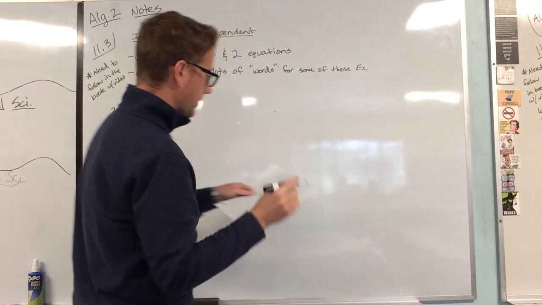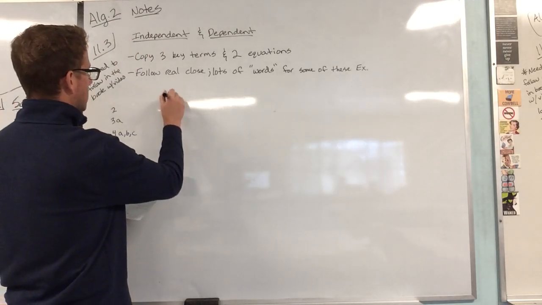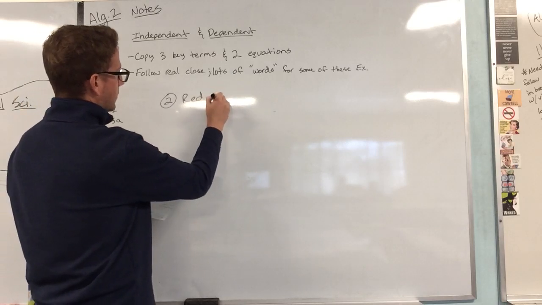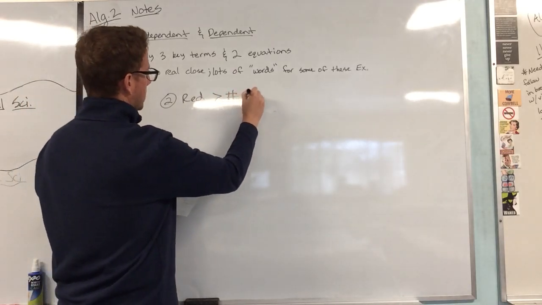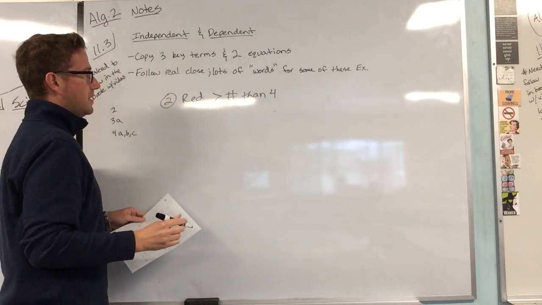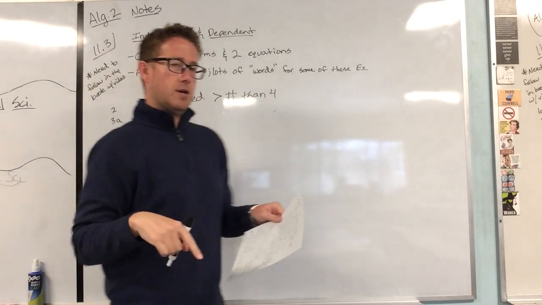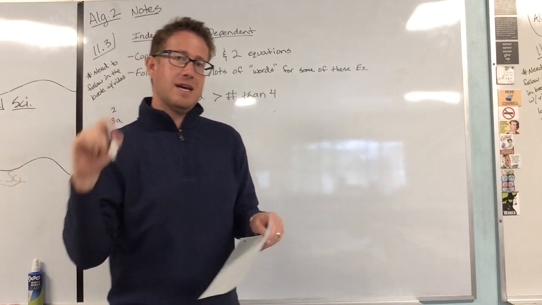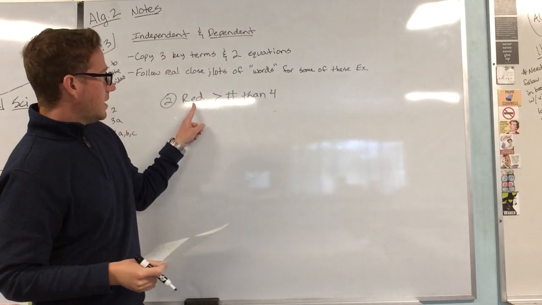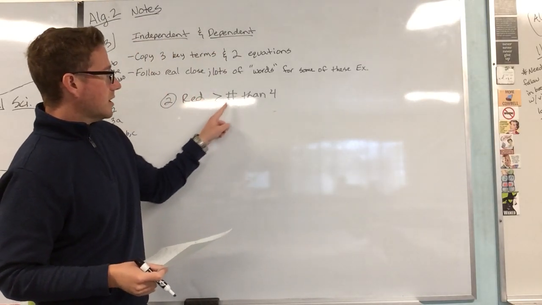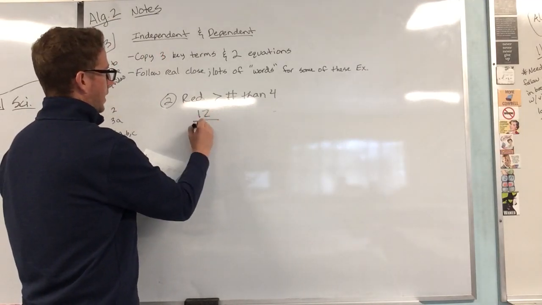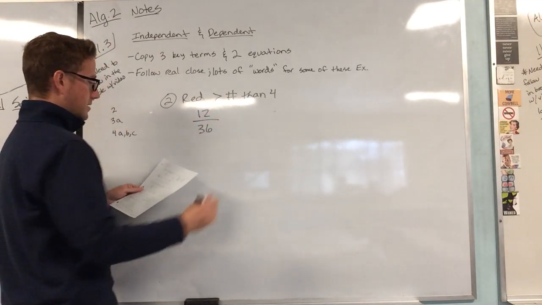So the one that they give us is you have a red that is a greater number than 4. Let's take a look at the probability of getting that. If you look at the chart on page 812, count how many in that chart have a red number that's greater than 4. And there's going to be 12 out of the total 36 possible.